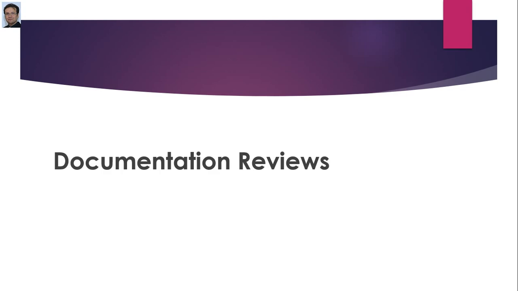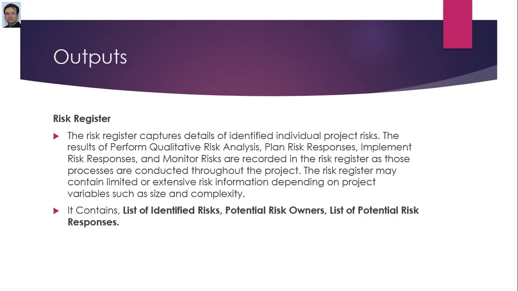Next is documentation reviews, and then you finally produce the risk register. The risk register is a document in which the results of risk analysis and risk response planning are recorded.